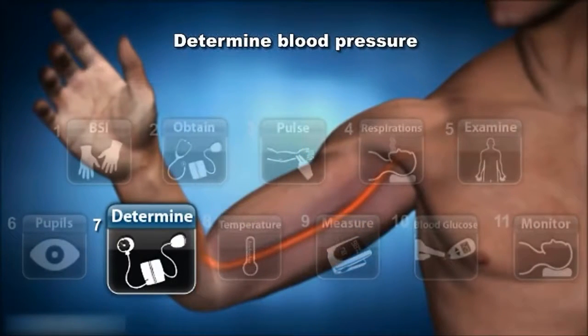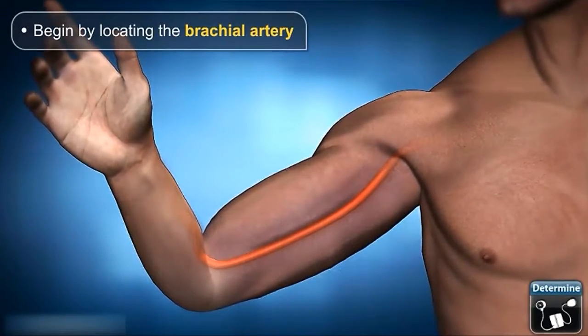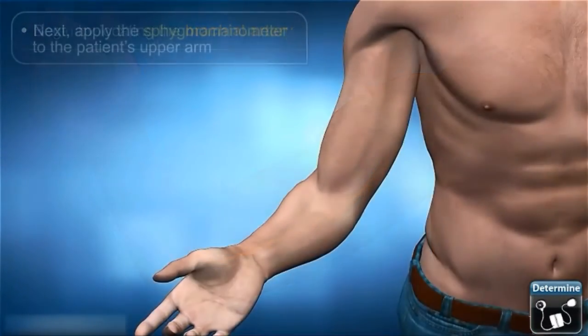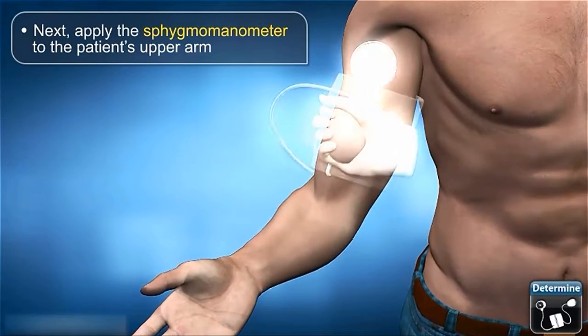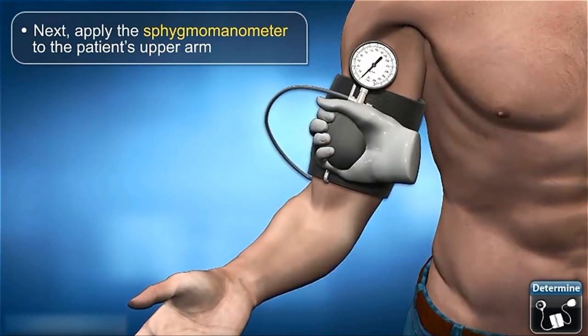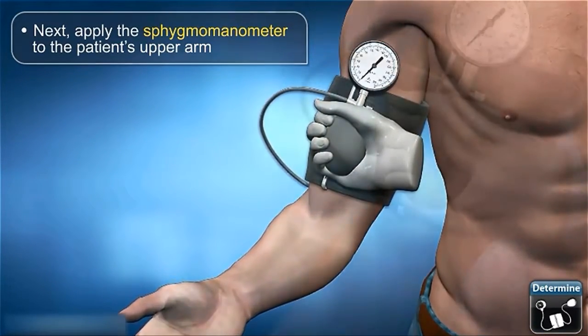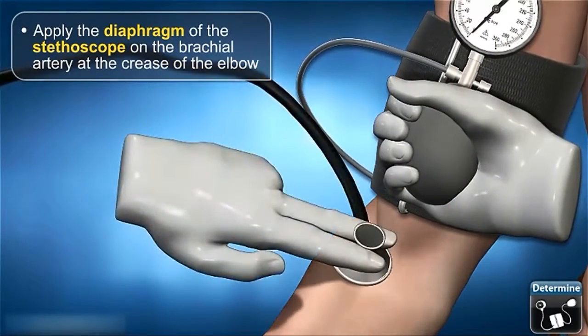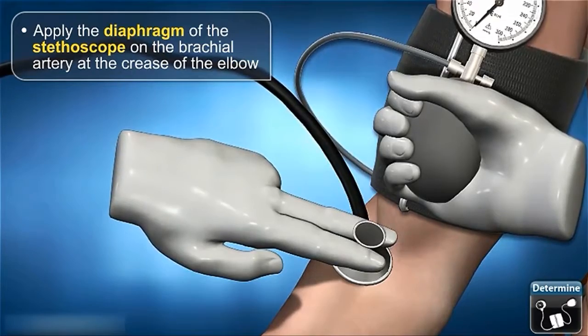Determine blood pressure. Begin by locating the brachial artery. Next, apply the sphygmomanometer to the patient's upper arm. Apply the diaphragm of the stethoscope onto the brachial artery at the crease of the elbow.